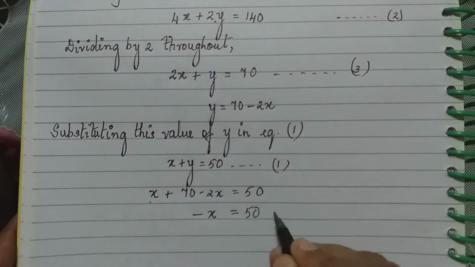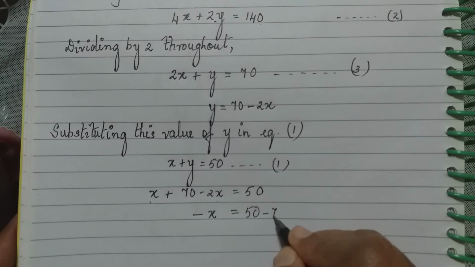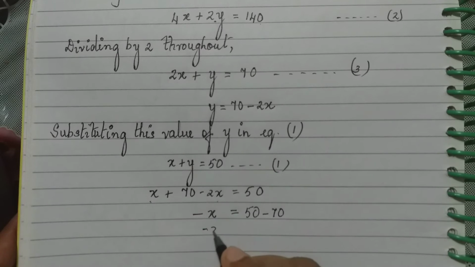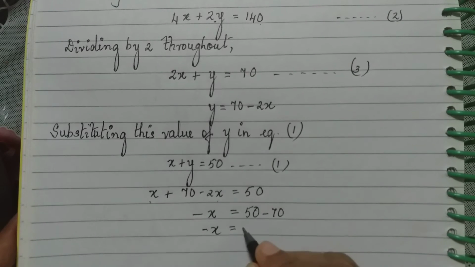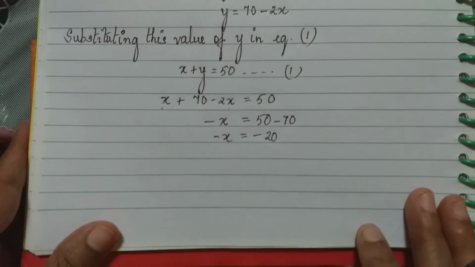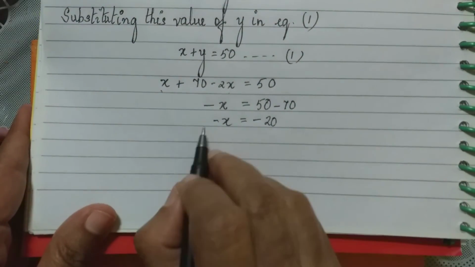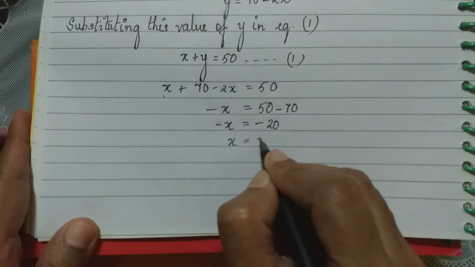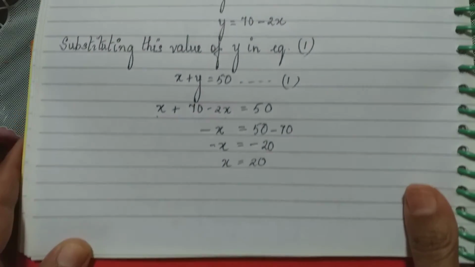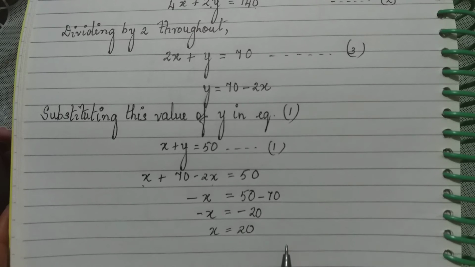Taking 70 to the other side, minus 70. So minus X is equal to 50 minus 70. Sign of the bigger number is minus. 70 minus 50 is 20. Minus X equal to minus 20. So if we multiply minus with minus on both sides, what do we get? X equal to 20.